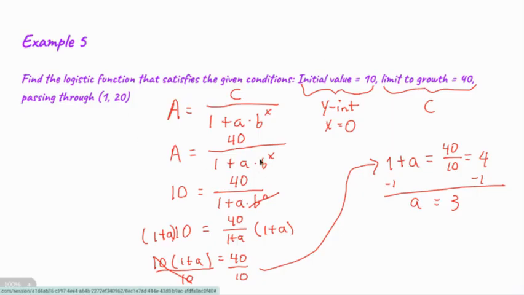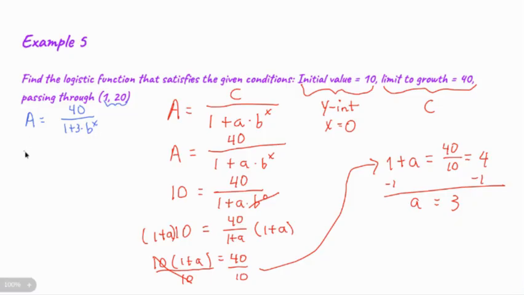All right, now we got to solve for b. So I'm going to rewrite the formula over here. I'm going to use a different color. So we got 40 up top. We have 1 plus 3 times b to the power of x. And now we're going to use this point right here to find out what our b is.